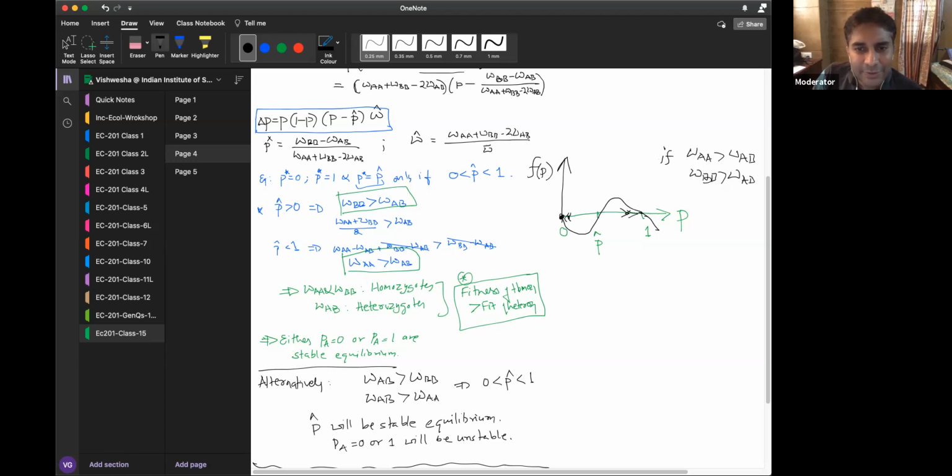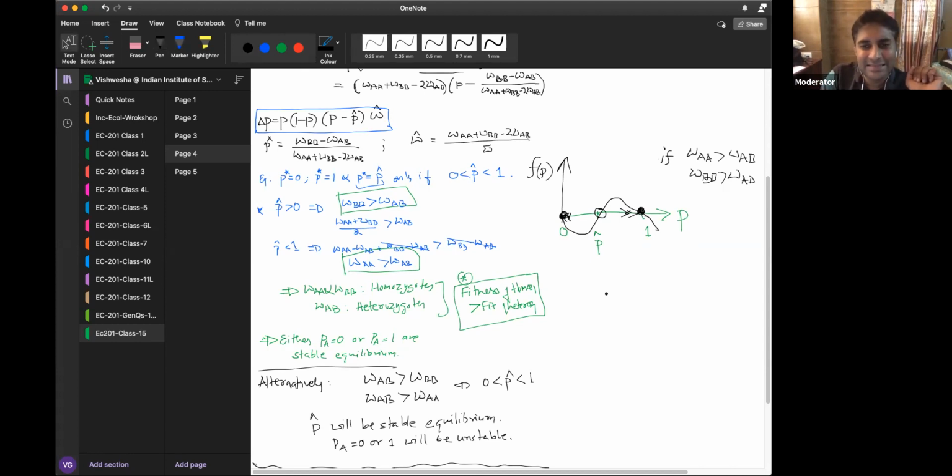So 0 and 1 are stable equilibria when omega bar is positive, and this is an unstable equilibrium. Whatever we argued intuitively, that because homozygotes are fitter than the heterozygotes they have to be stable, is also consistent with the mathematical stability analysis.